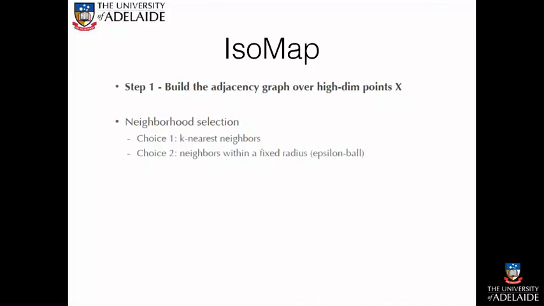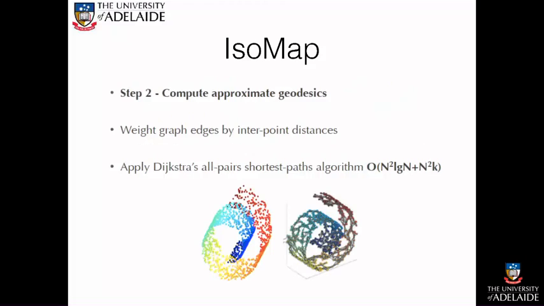So step 1 is to build the neighborhood graph. This is the same as what we mentioned in the Laplacian support vector machine, using k-nearest neighbors, or the second option, using neighbors within a fixed distance. And there's an all-pairs shortest path algorithm. The complexity is n squared log n plus n squared times k.